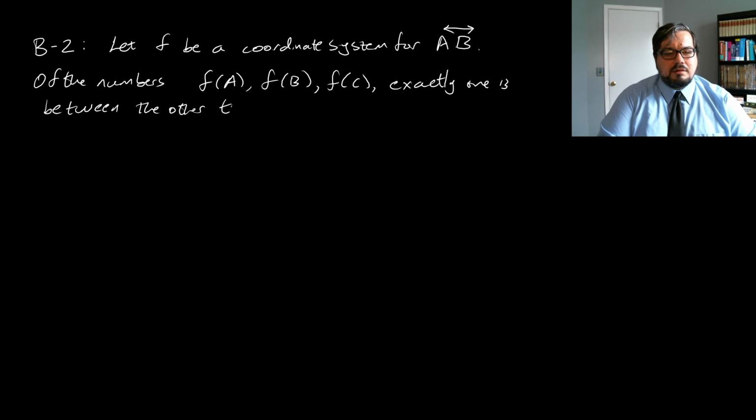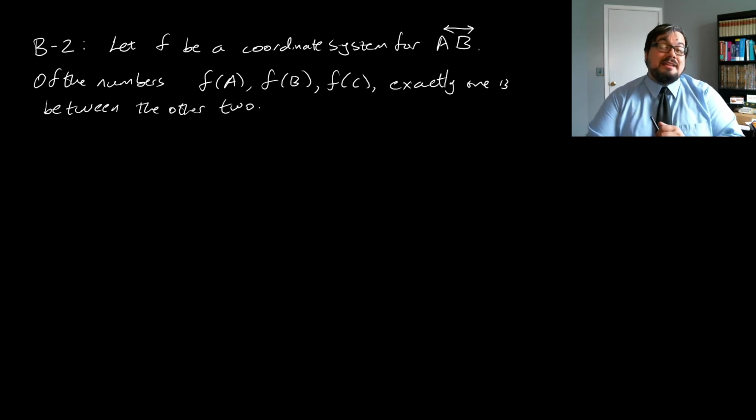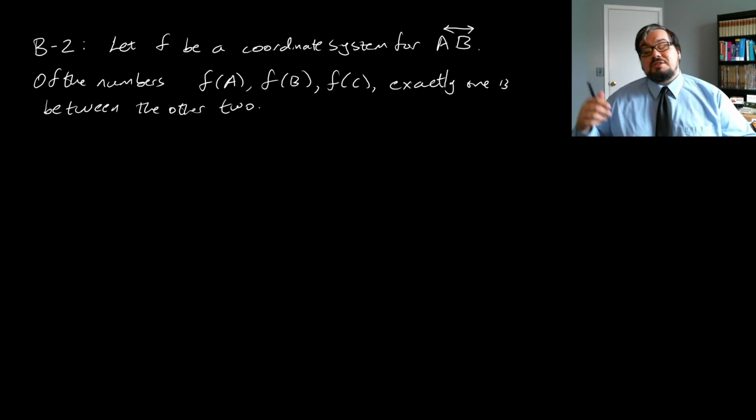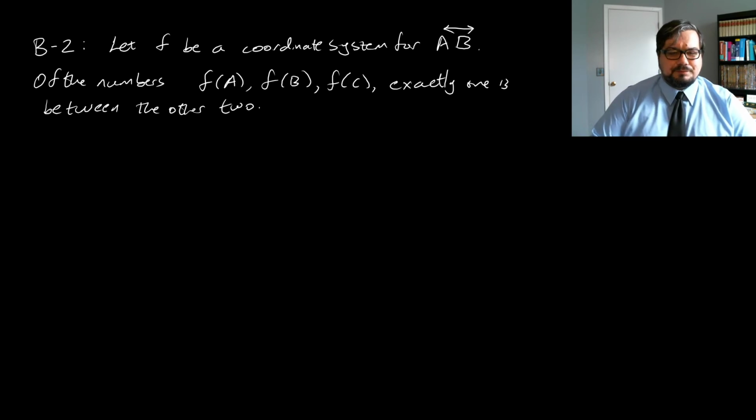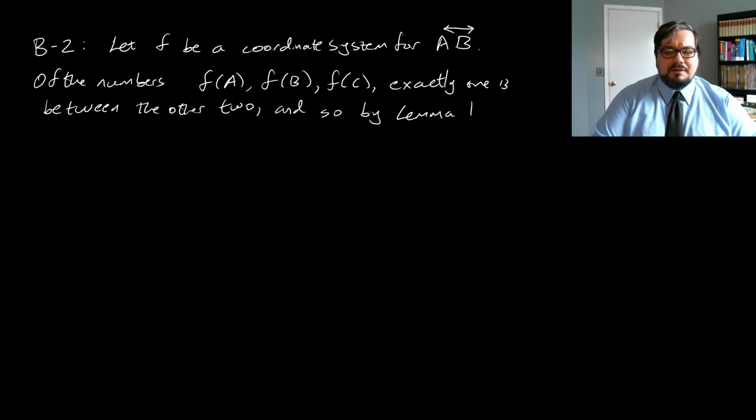Because if we have any three numbers, we know that one of them is going to be the minimum, one of them is going to be the maximum, and the one that's left is going to be in between the other two. Exactly one is between the other two, and so by lemma 13, the corresponding point is between the other 2 points.